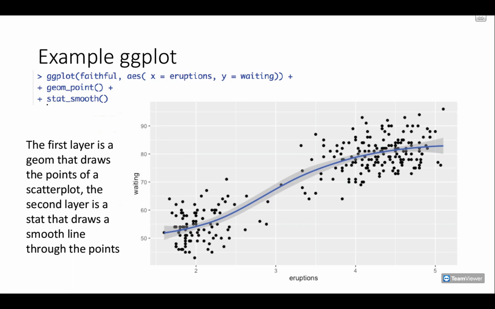So this is the first example, and we are using the data set called faithful. Faithful is an existing data set which ships with R. So it is already built in your R installation, already loaded. It's the data from the Old Faithful geyser.